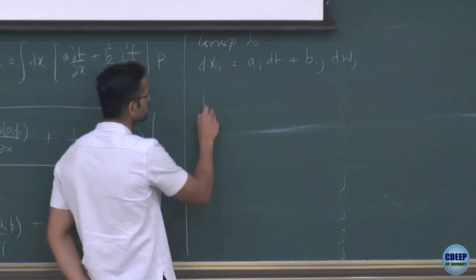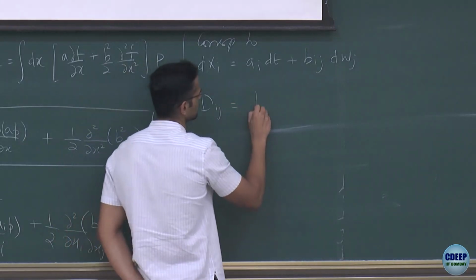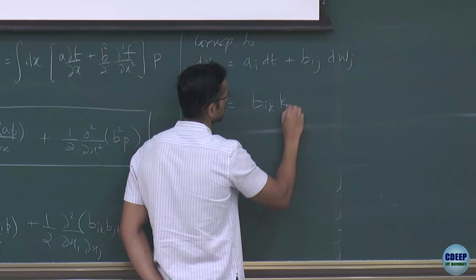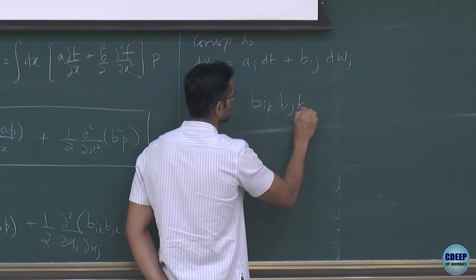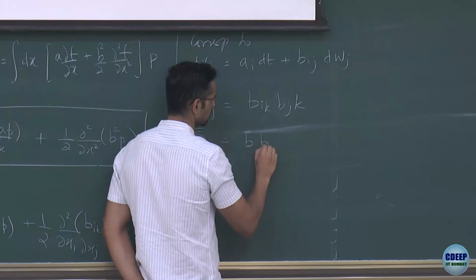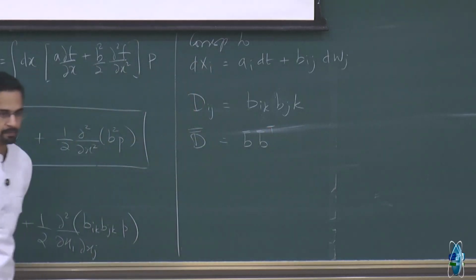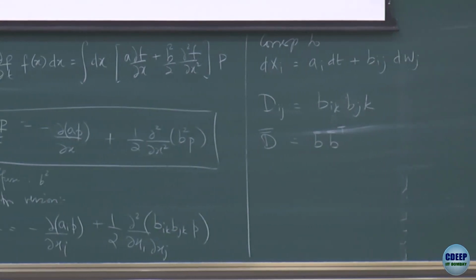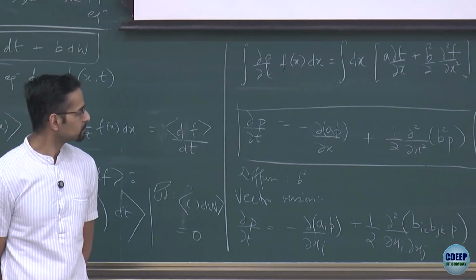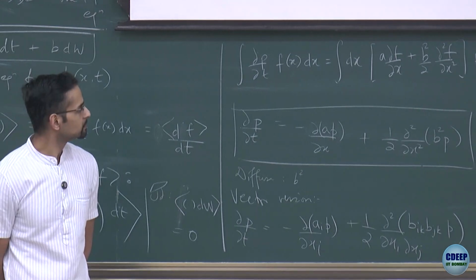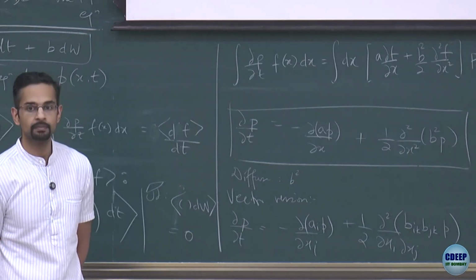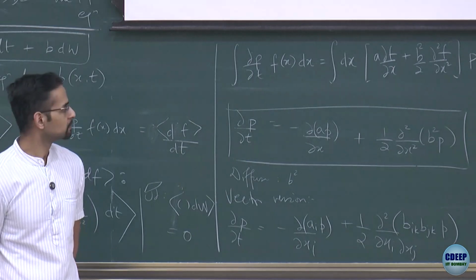So the important point now is that the diffusion tensor, right, or if I write it in tensor notation, it's B transpose. Any questions? Yeah, I'll come to that.